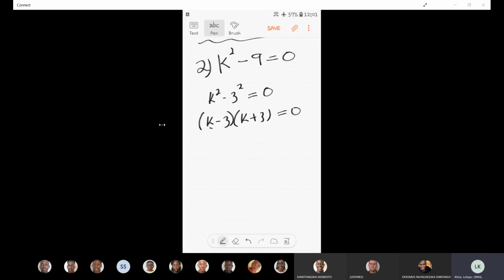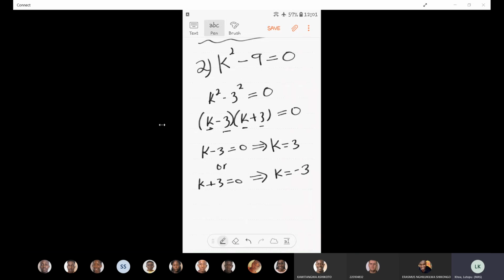You put the first one, k, there, then the second one, 3 there, and then one is positive and the other one is negative. So this means that k minus 3 is equal to 0, or k plus 3 is equal to 0. If k minus 3 is equal to 0, this means that k is equal to 3, and this means that k is equal to minus 3.